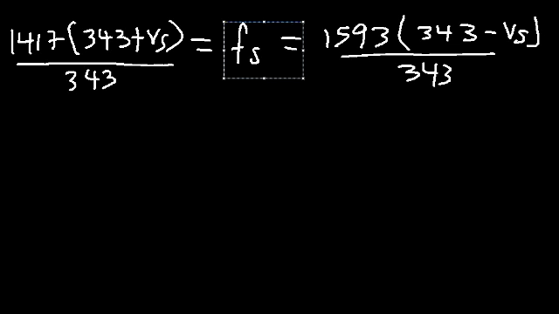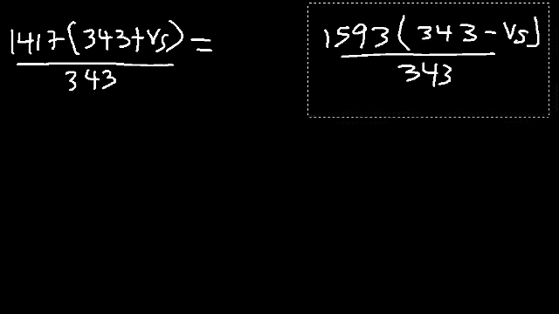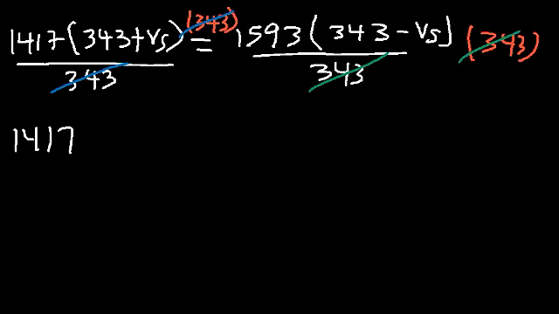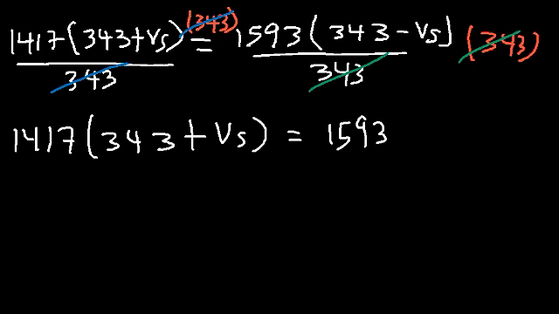So let's get rid of this. Now, if we multiply both sides by 343, we could cancel the denominator. So 1417 times 343 plus Vs is equal to 1593 times 343 minus Vs. Now let's distribute.